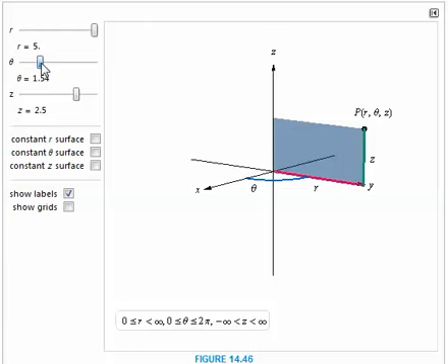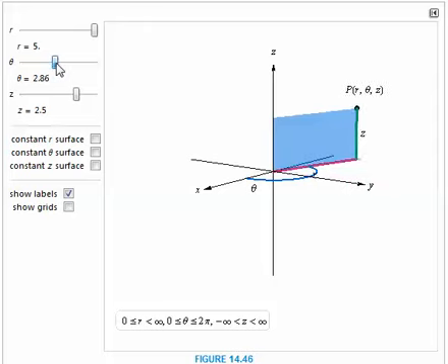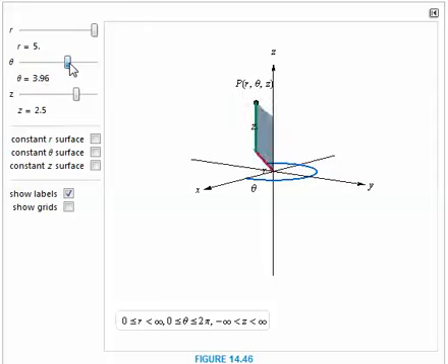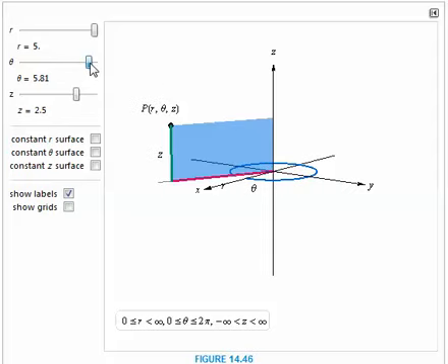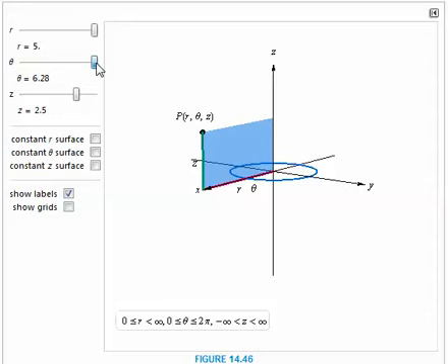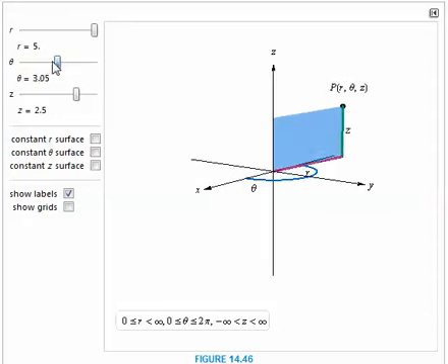Boom. Pi over 2 would put us on the y-axis, and pi would put us on the negative x-axis, 3 pi over 2, and then 2 pi. And let's put it back into the first quadrant. So what about pi over 3?